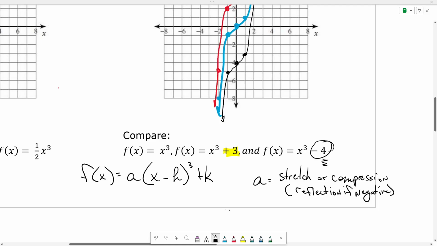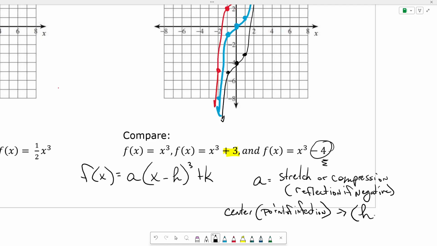The center, also known as the point of inflection, is going to be h and k.